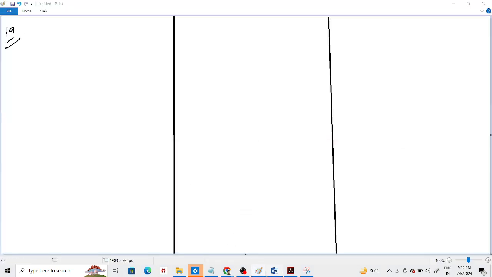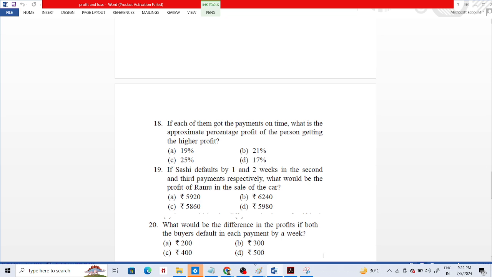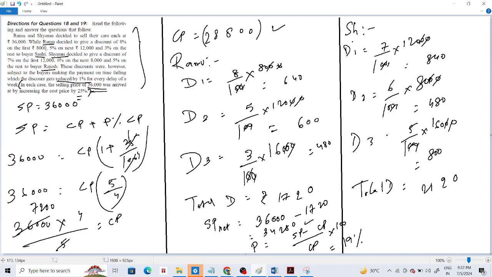Okay. Now Shashi defaults by 1 week and 2 weeks. Now it was given in the question that the discount reduces by 1% for each week of delay, right?